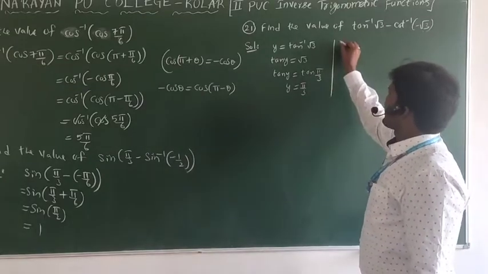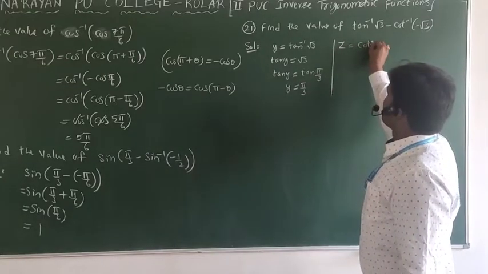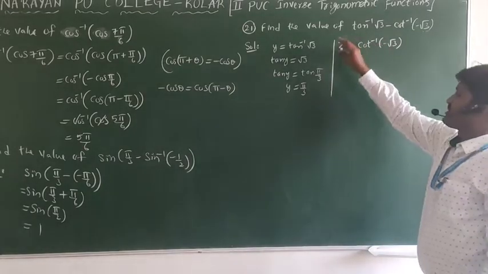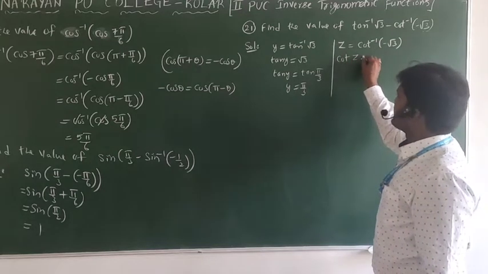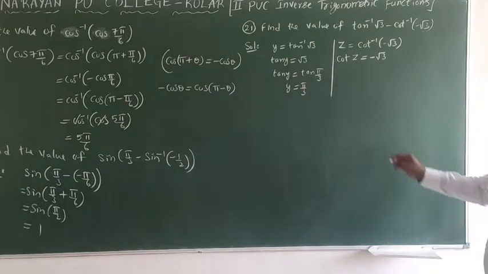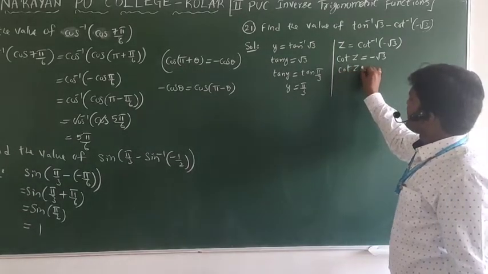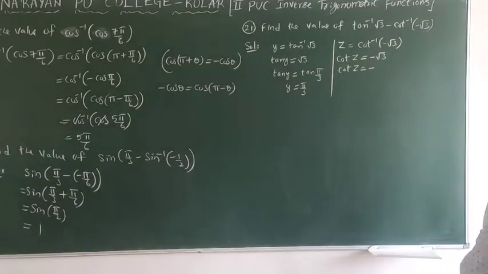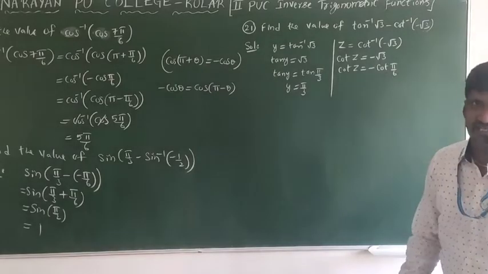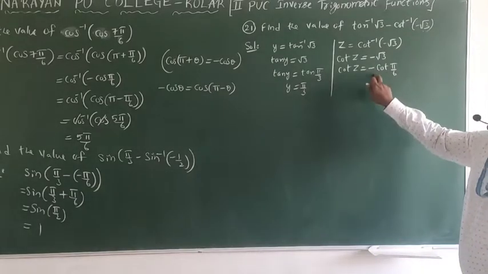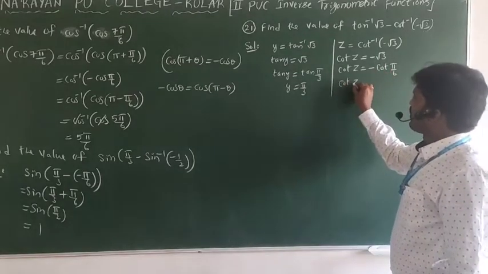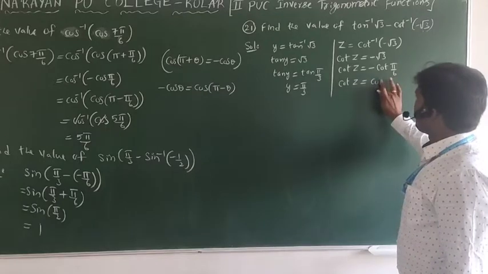Next, the second value, assuming it is z, is cot inverse of minus root 3. Take this cot inverse to the left side. Now, while comparing angles, we require the same sign. So I am changing this into cot z equals cot of.